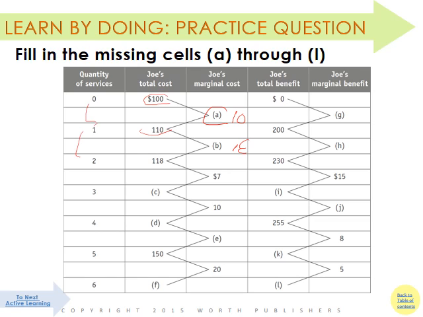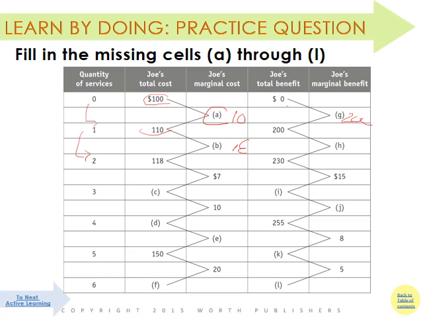And we can do the same with Joe's marginal benefits. If his total benefit goes from 0 to 200, his marginal benefit would be 200 minus 0, or 200. And you can see the marginal benefit is much greater than the marginal cost of producing 1 unit of services.